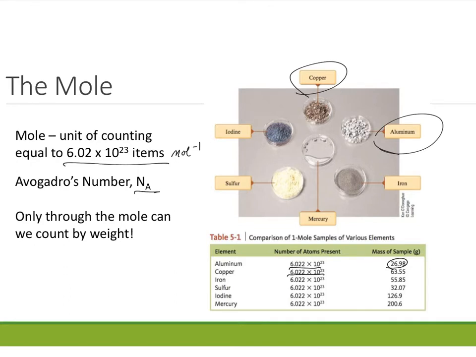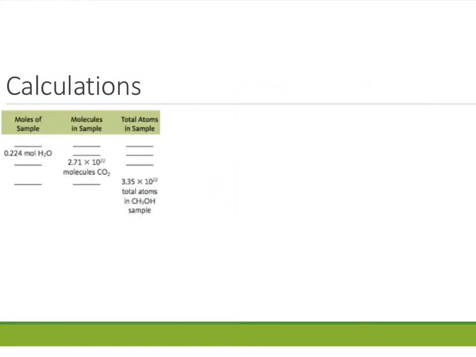Therefore, the mass should be lower. But the number of particles is the same in both cases. Similarly, for iron or mercury, they all contain the same number of particles, 6.02 times 10 to the 23rd, even though they have different masses, 55.85 and 200.6 grams.